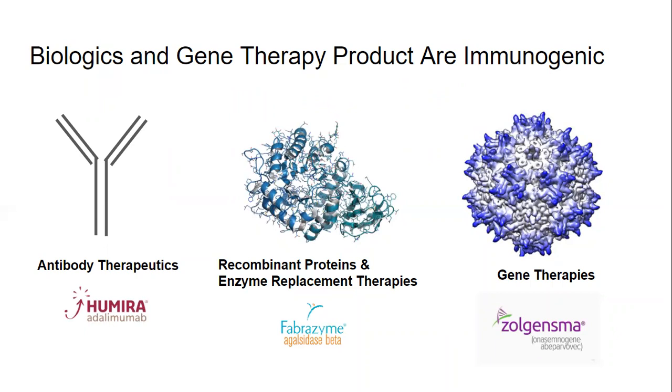These biologics and gene therapy products are administered to humans for the correction of certain diseases, but these are inherently immunogenic, which means they have the properties to evoke an immune response.